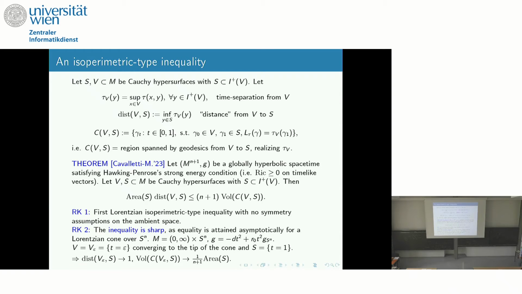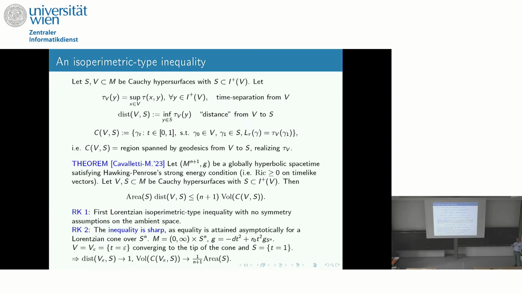Yeah, sure. We don't need it. Yeah, it is just for simplicity of stating. But exactly, what we just need, it's a very good point, is that they are achronal. So what we don't want is that you have a curve which is, say, time-like and starts from the surface and goes back to a surface. Just achronal.